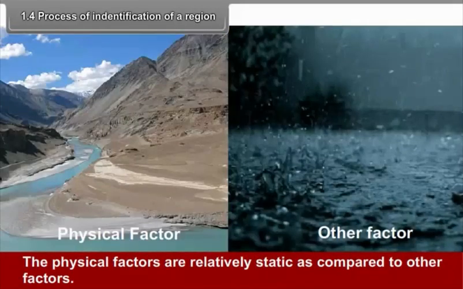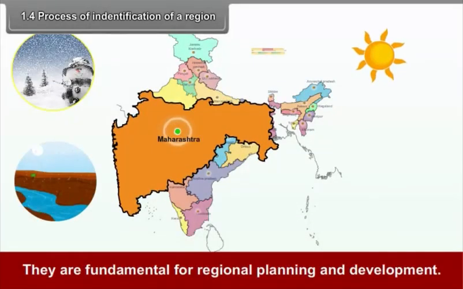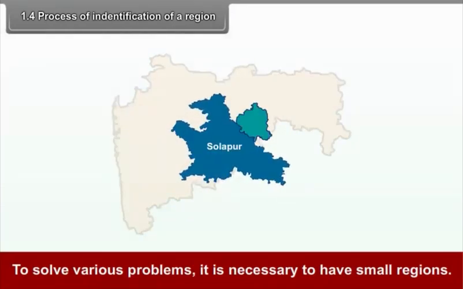The physical factors are relatively static as compared to other factors. They are fundamental for regional planning and development. To solve various problems, it is necessary to have small regions.